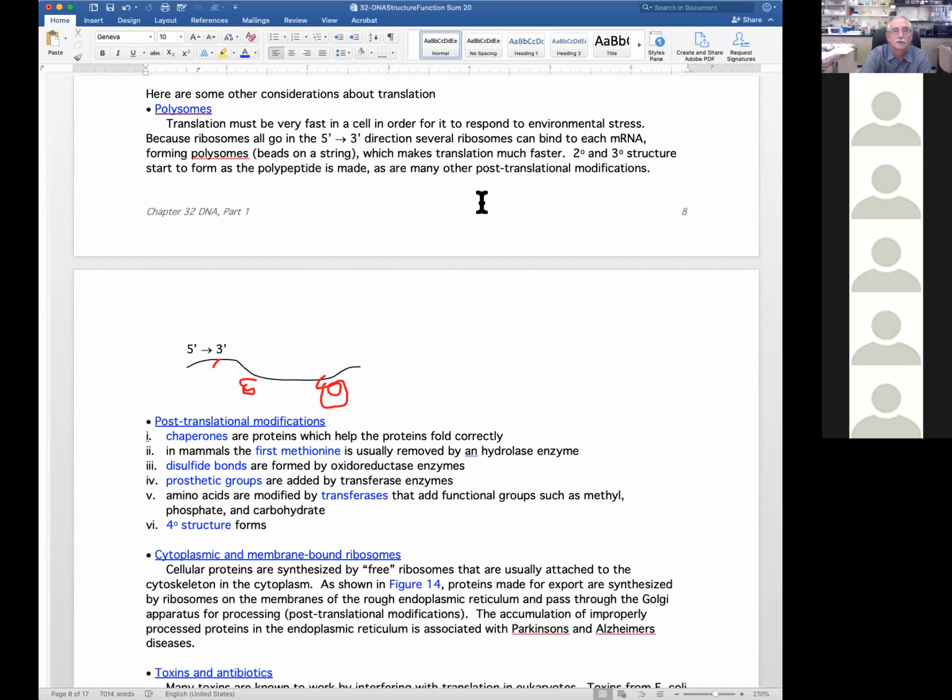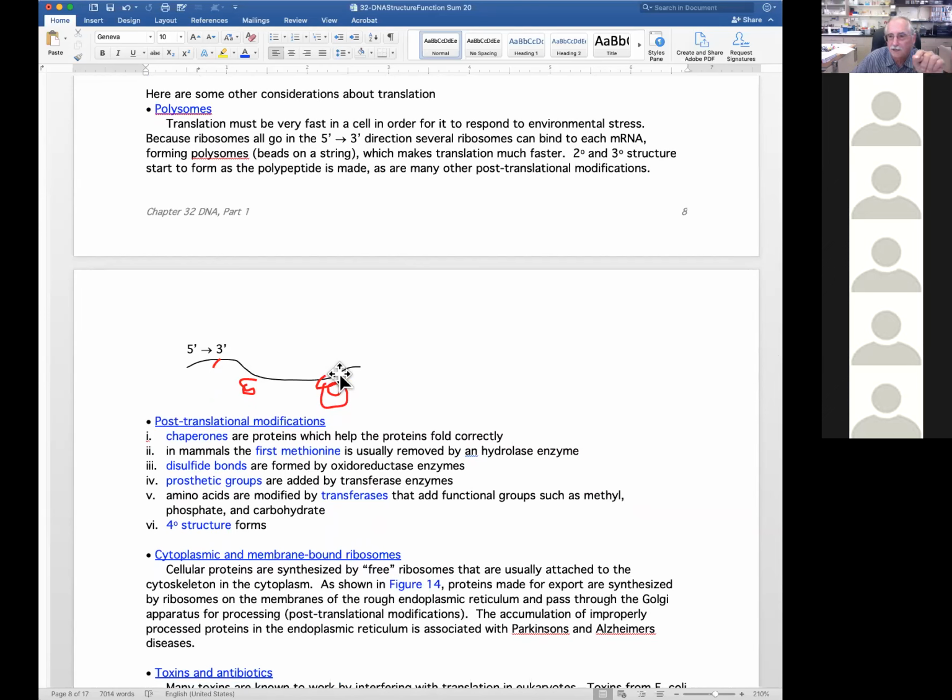So here's a couple other things. Polysomes. What the heck is a polysome? Well, originally they noted that these were acting like beads on a string. In the light microscope, you can actually see ribosomes. You can't see the messenger RNA or the proteins that they make. But they found these beads and they were bouncing all around due to Brownian motion in the microscope.